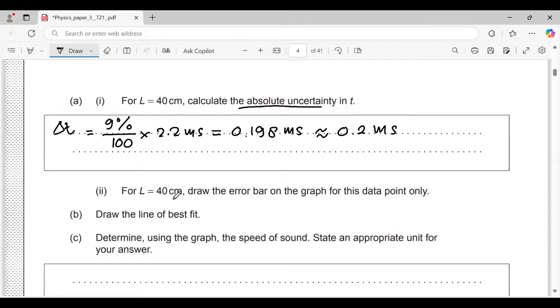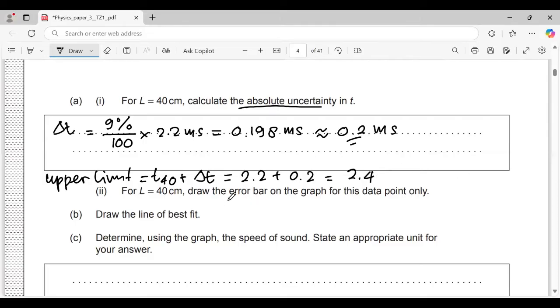For L equal 40 centimeters, draw the error bar on the graph for this data point only. So we are going to determine the upper limit and lower limit. The upper limit equals t when L equals 40 plus delta t. It is 2.2 plus 0.2, according to this result, equal to 2.4.